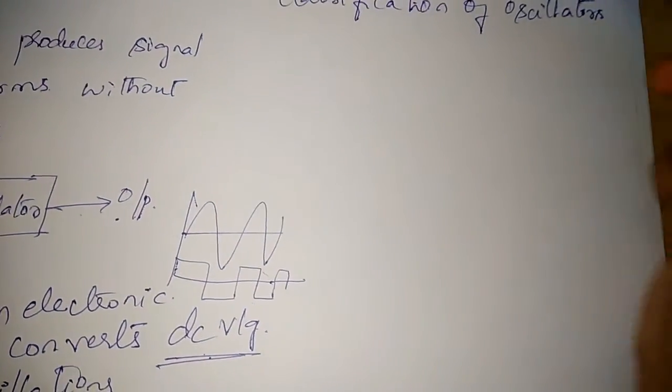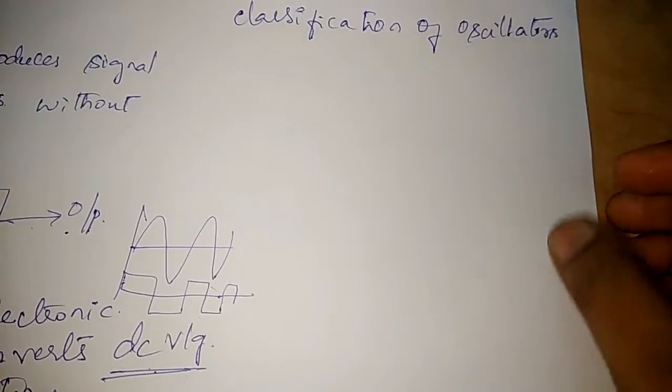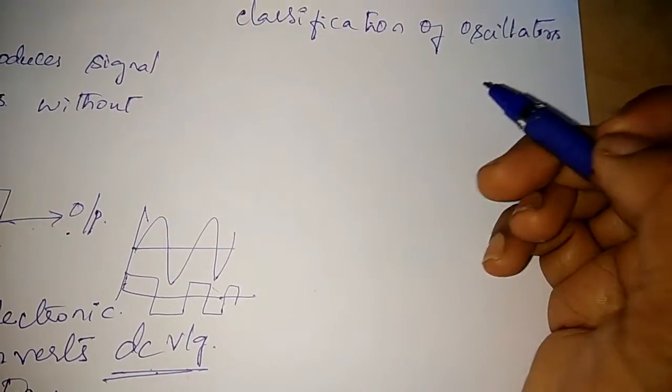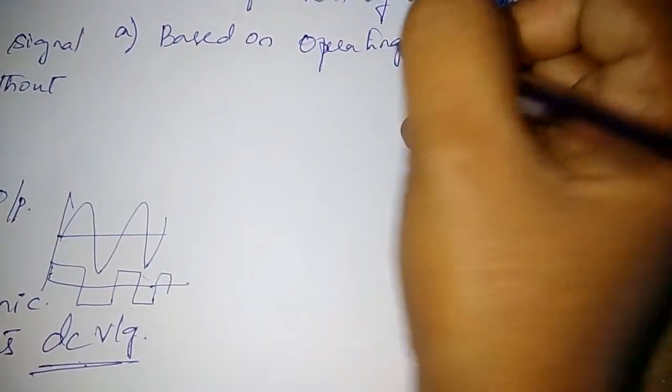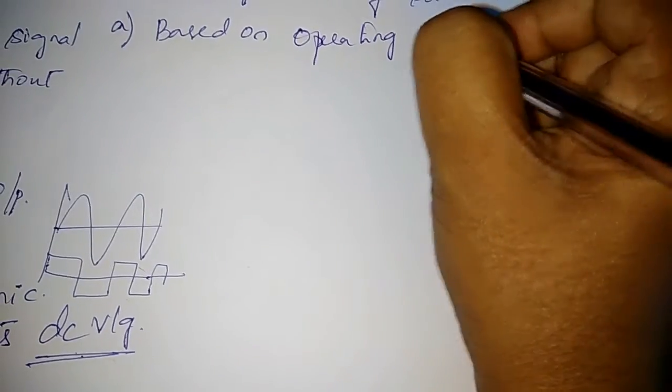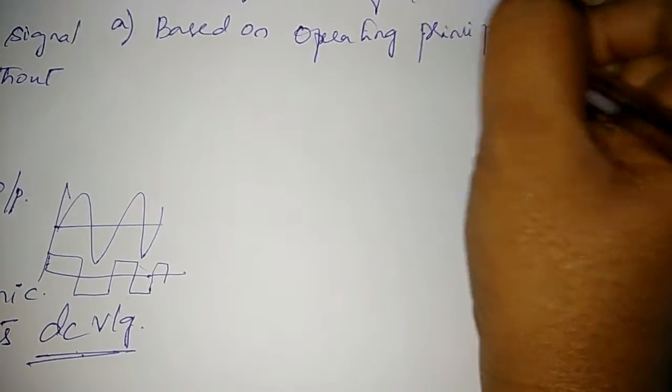You can classify the oscillator into different types. The very first one is based on operating principle. How are your oscillations generated, what is the principle behind that? Based on that also we can classify.